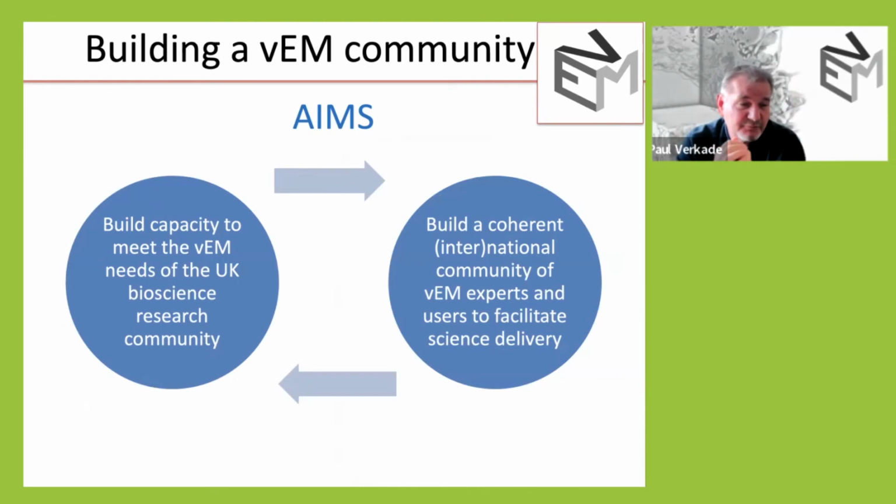Well, initially we were trying to build capacity to meet the vEM demands. Initially for the UK bioscience, but more and more this is not a UK problem. This is a European, worldwide problem. So you can almost cross out the UK and make it into a worldwide bioscience research community.